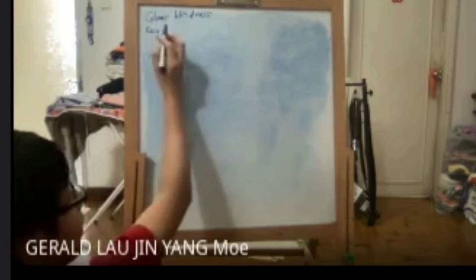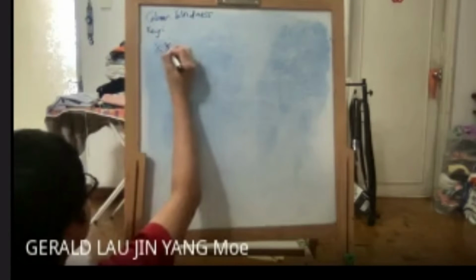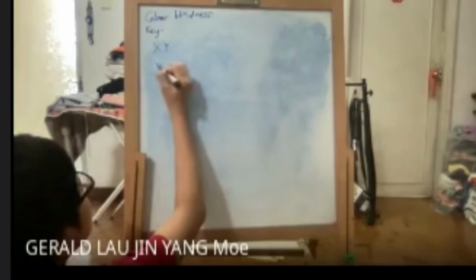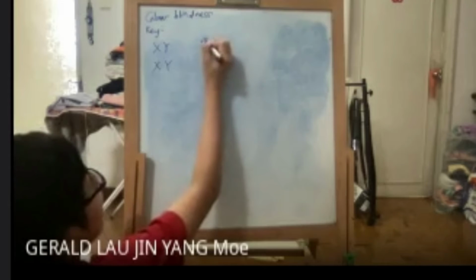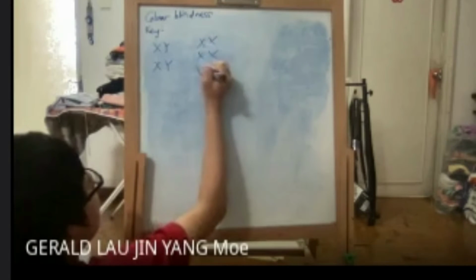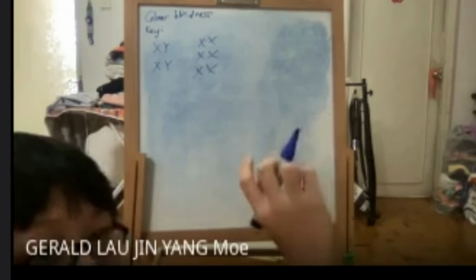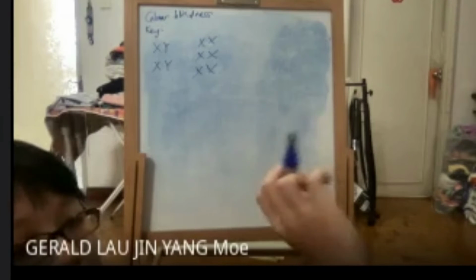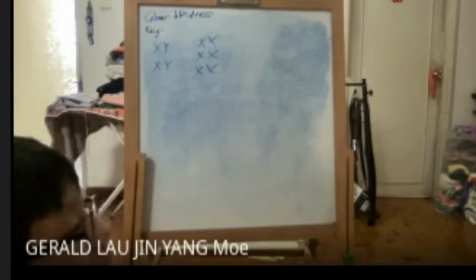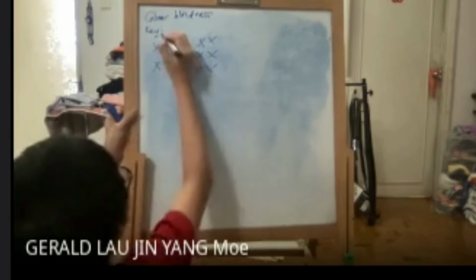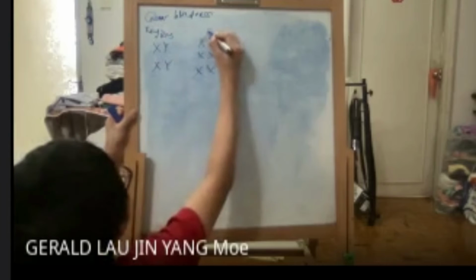Okay, T. This is why it gets a bit complicated. Okay, boys have only 2 types. Girls will have 3 types. Remember, just now I said why the Y is short. That is actually of no use. It has no gene. So everything will be controlled by X for boys. Okay, this is boy. This is girl.